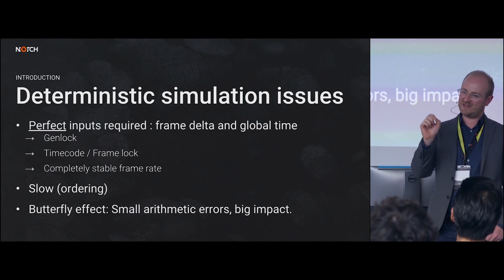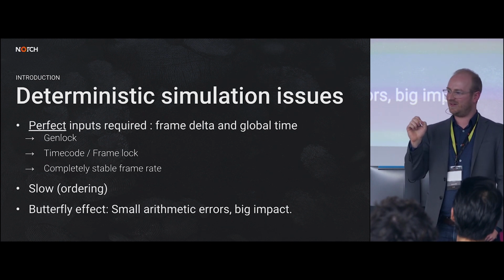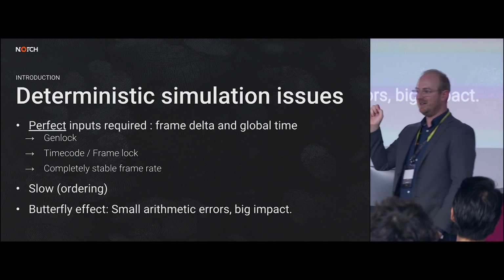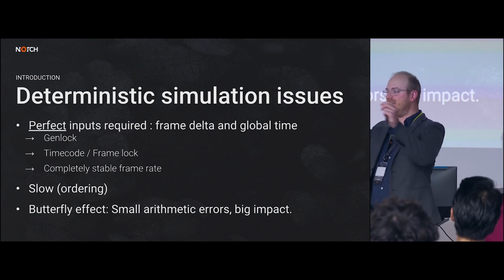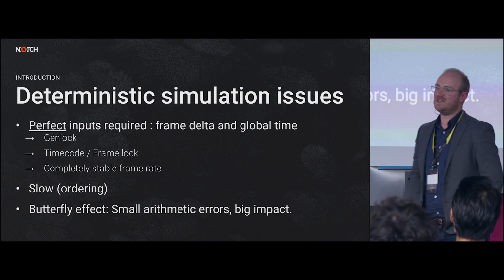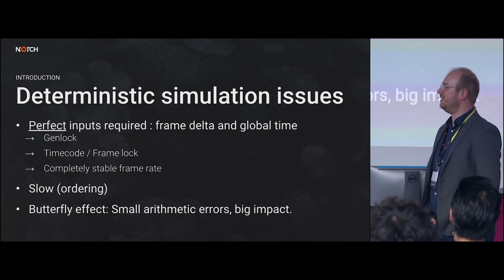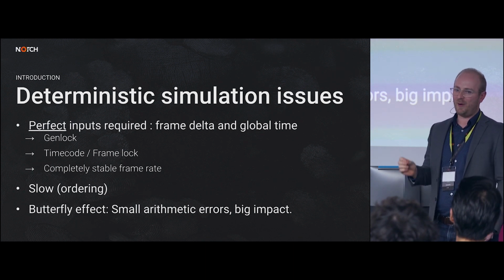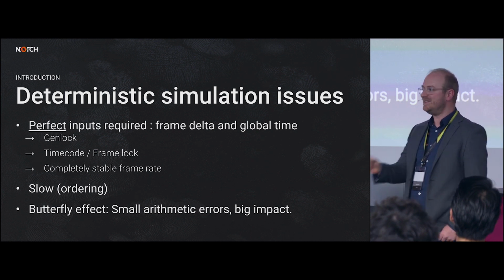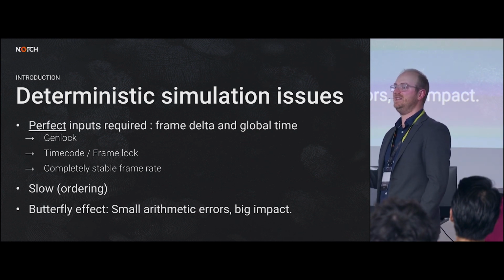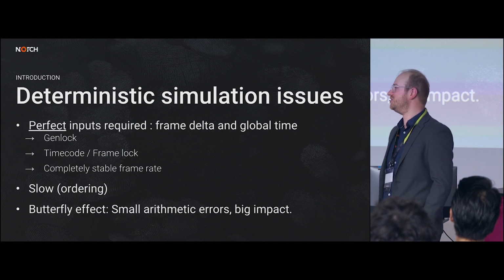And those very small errors, as I've said, you get this butterfly effect, a tiny error here, in 10 seconds it's like an entirely different fluid simulation on your screen. So determinism, despite our best efforts, is not getting us to the place we need to be for multi-machine rendering.